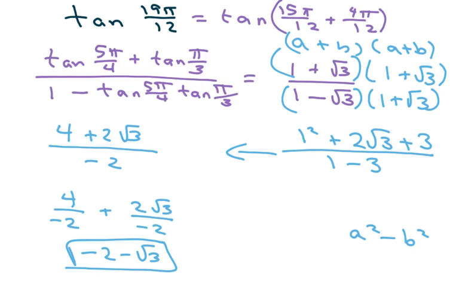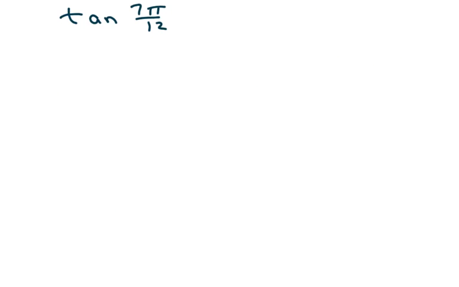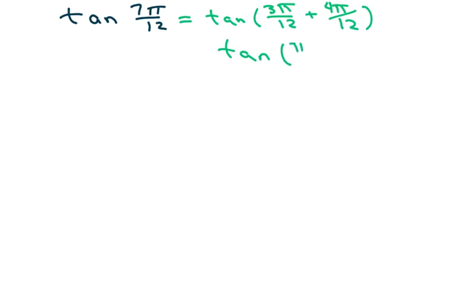Okay? And the last one is tan of 7 pi over 12. So I do 3 pi over 12, or you can reverse it, plus 4 pi over 12. So that's your alpha and your beta. Simplify that, you're going to get pi over 4 and pi over 3.